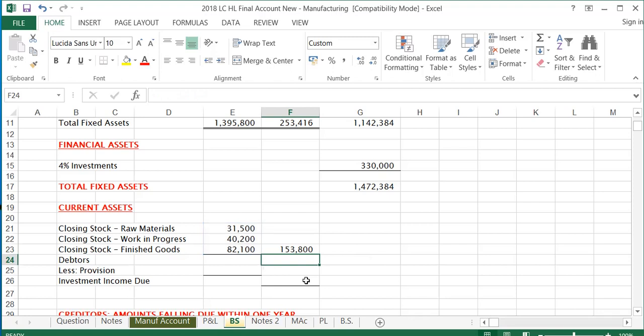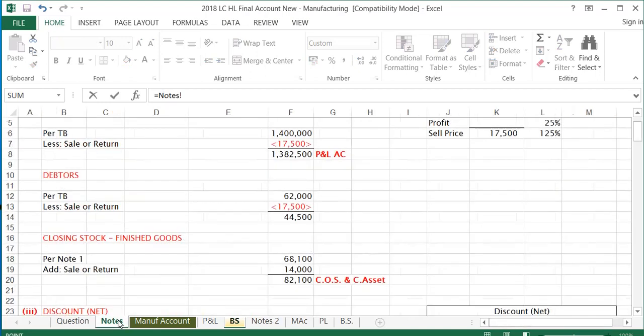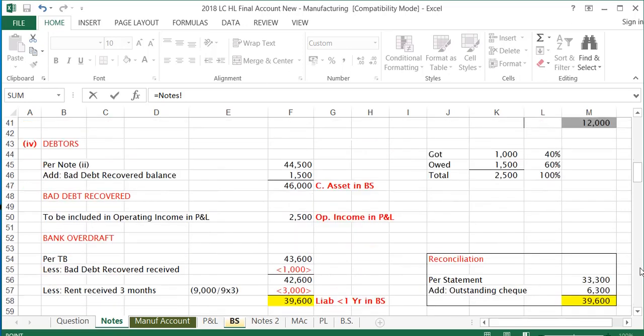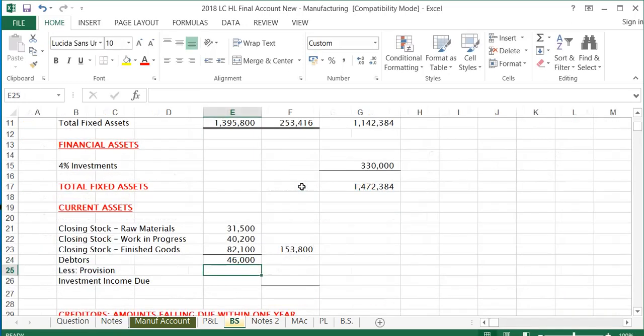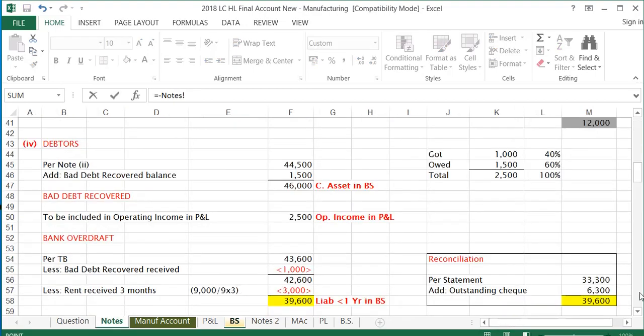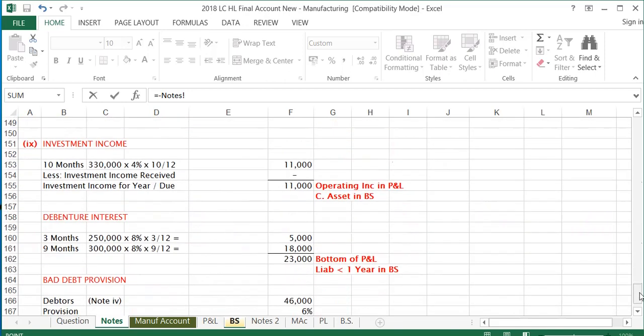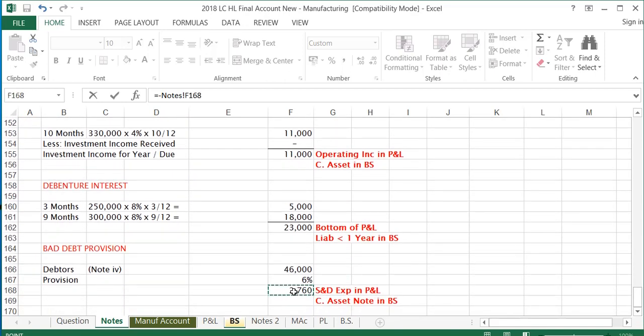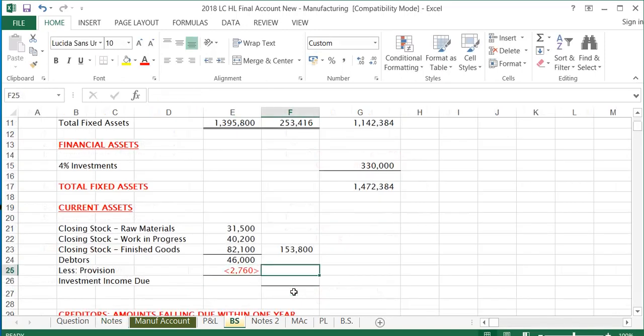My debtors, from the question, debtors was changed in one of the notes. I think it was changed a couple of times, so I have to get the most recent debtors one, which is 46,000. And I'm going to take away the provision, which I worked out in the last note, of 2,760, which will leave me with a debtors amount of 43,240.